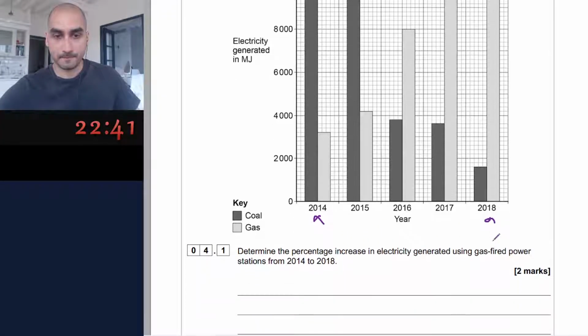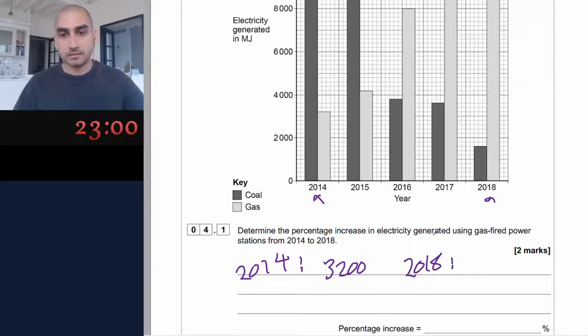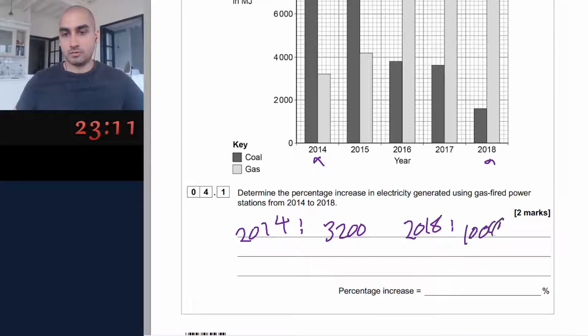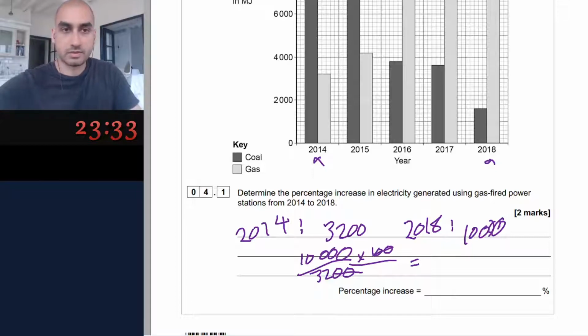Determine the percentage increase in electricity generated using gas-fired power stations from 2014 to 2018. Okay. So 2014, it's what? 3,200? 2018, 10,000. So 10,000 over 3,200 times 100 equals 10,000 divided by 32.